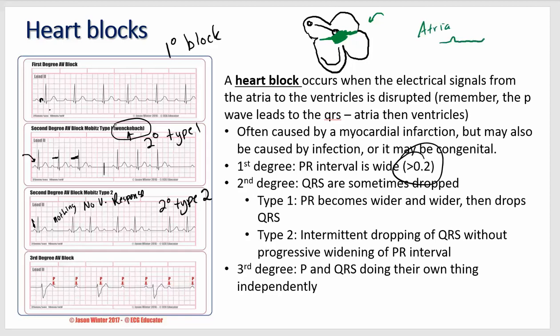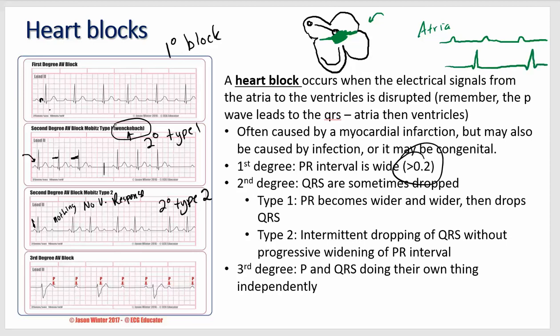The SA node is like, hey, things are fine up here. It's sending out its signal. The ventricles are not getting anything. They're not hearing anything. So their own autorhythmic function is going to kick in, and they're going to send out a beat. But it's going to be a lot slower.